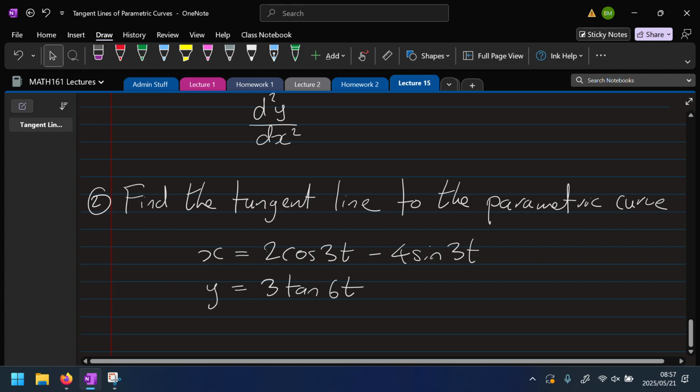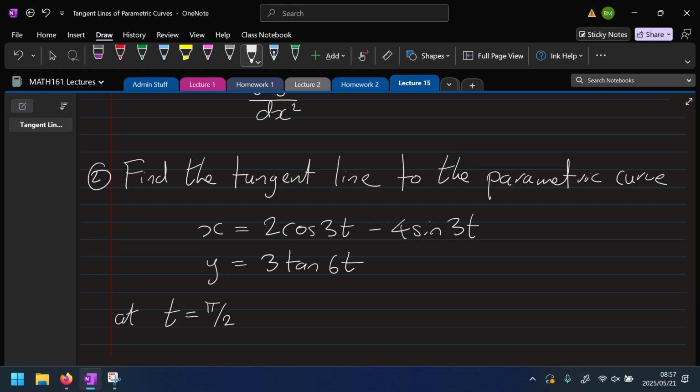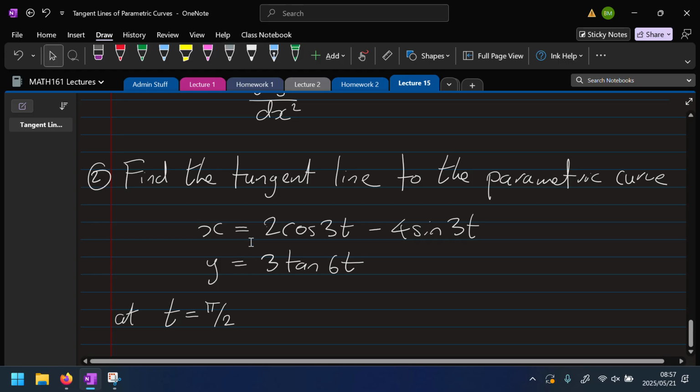So we've got x and y. Again, still the 2D case. At t equals pi over 2. So for this example here, I don't give you the point a, b. Instead, I give you the t value. But once you have the t value, you can substitute it into x to get your a, and you can substitute it into y, and that will give you the a, b point. So 2 different ways of asking that question.